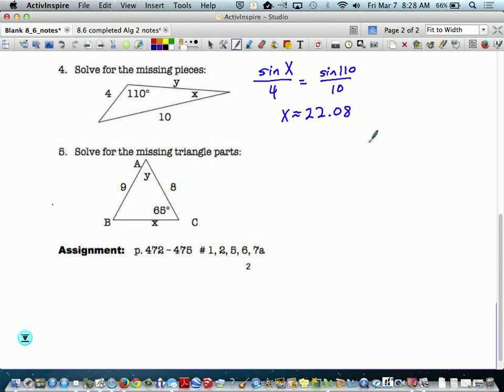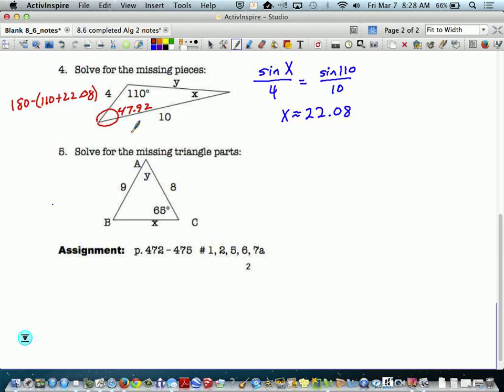Now, I don't have to find this angle. It's not required, but to finish the problem, we have to find it. So you have to do 180 minus 110 plus 22.08. So what is this angle? 47.92.